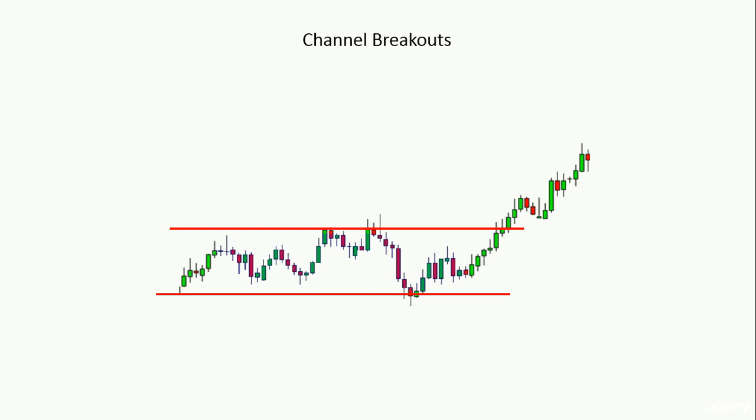The main job of the smart trader is to distinguish between the fake breakouts, like these ones, and the real breakouts, like this one. This is very important to avoid being trapped by the market when you try to trade a breakout that turned out to be a fake one.